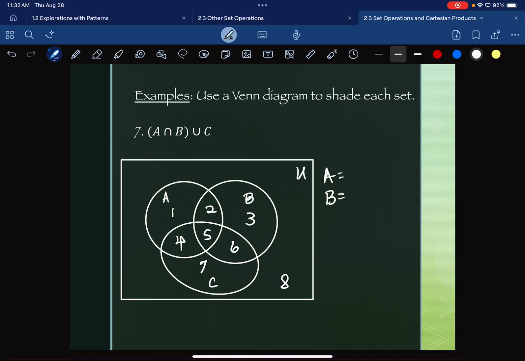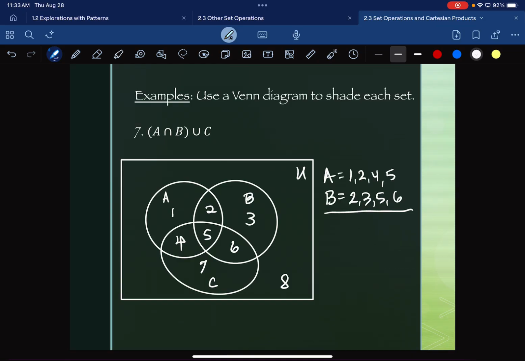What numbers do you see in region A, or circle A? 1, 2, 4, and 5. Everybody okay with that? Great. What numbers do you see in region B? 2, 3, 5, and 6. You can put them in any order you wish. There's nothing special about our ordering. If you're a little bit on the OCD side like me, you're probably going to put them in number order.